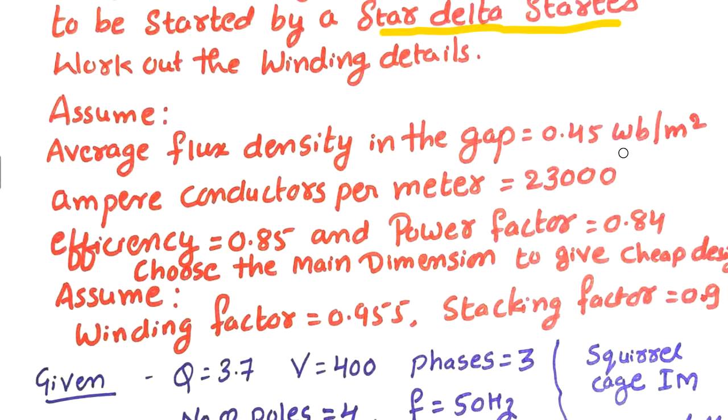Average flux density in the gap means there is a gap between the rotor and stator, and in that there is a magnetic flux, which has been given as 0.45 Weber per meter square. Then ampere conductors per meter has been given as 23,000. The value of this usually lies in the range of 20,000 to 35,000. Efficiency is 0.85 and power factor is 0.84.